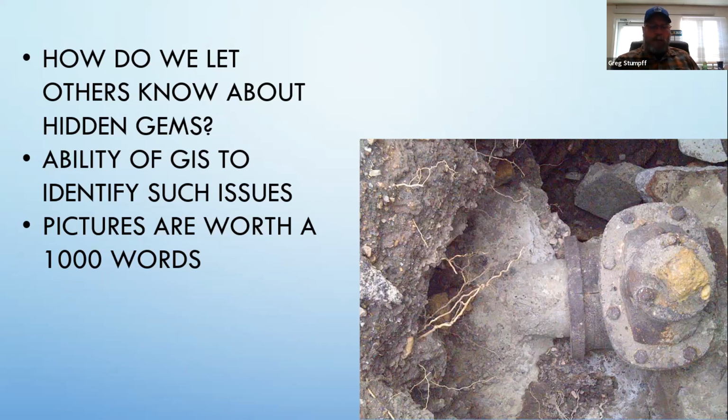It wasn't mapped out. There was nothing indicating that valve was even there until we dug it up. So the GIS has given us the ability to identify some of these hidden gems, as I like to call them. And pictures are worth 1,000 words. As you can see, that was an interesting one to find.